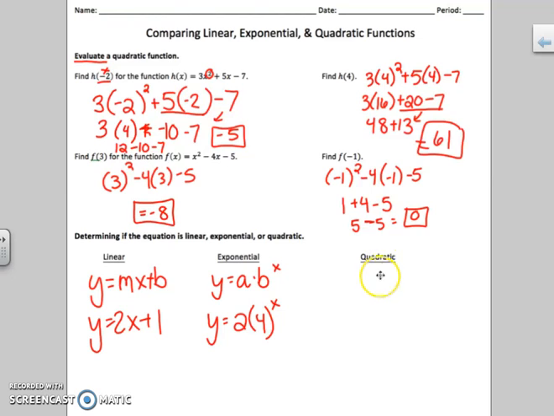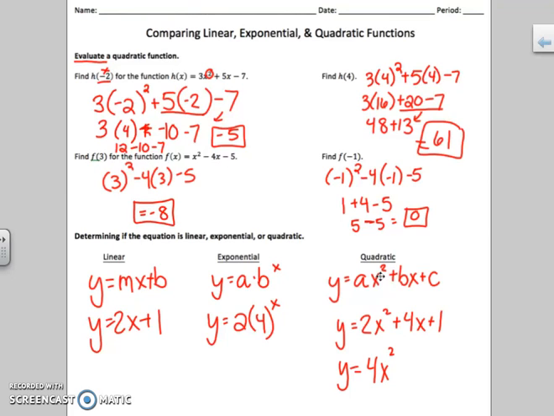So for a quadratic, it is going to follow the form y equals ax squared plus bx plus c. Now that looks familiar from when we did factoring. So for example, you could have y equals 2x squared plus 4x plus 1. Okay. You can also not have a b or a c. So it could just say y equals 4x squared. It could just be y equals 9x squared minus 1.